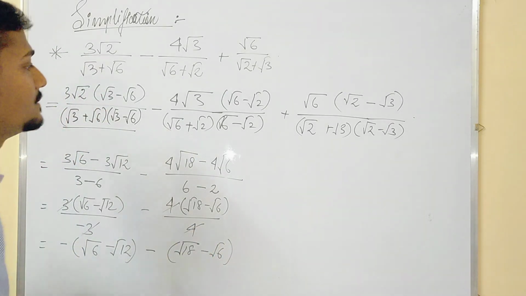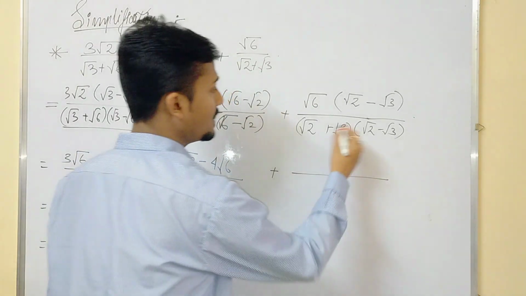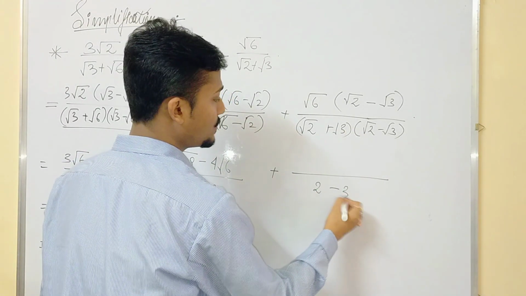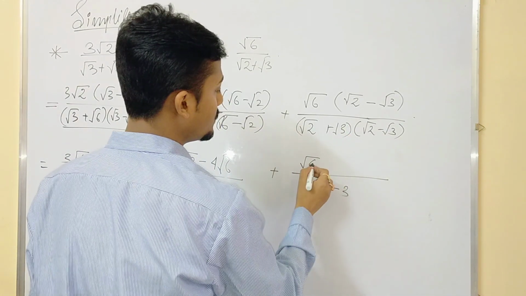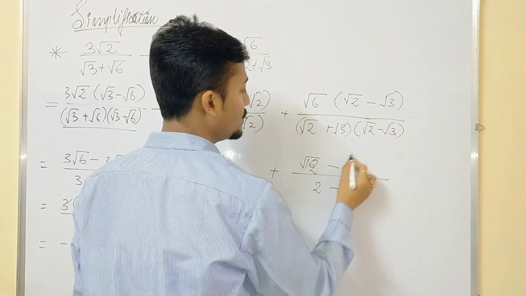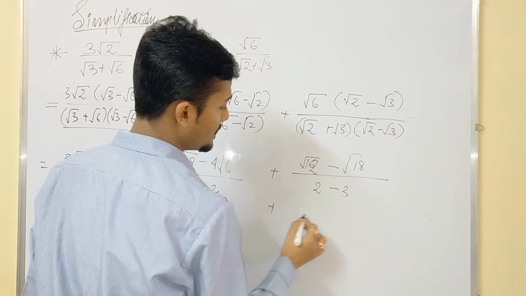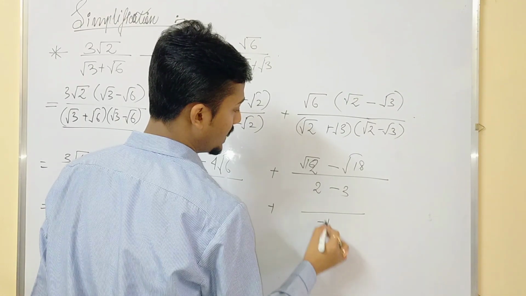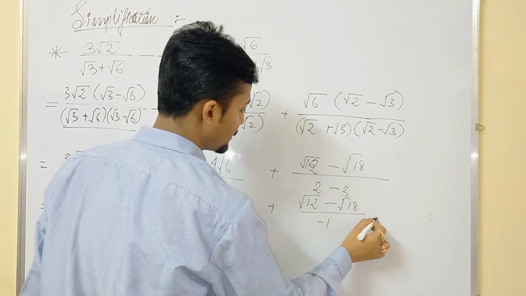Keep it like this. This part we will try to solve, plus this will be equal to 2 minus 3. Root 6 into root 2 is equal to root 12, so I write root 12 directly, minus root over 18, isn't it? Plus it will be equal to minus 1 root 12 minus root 18.